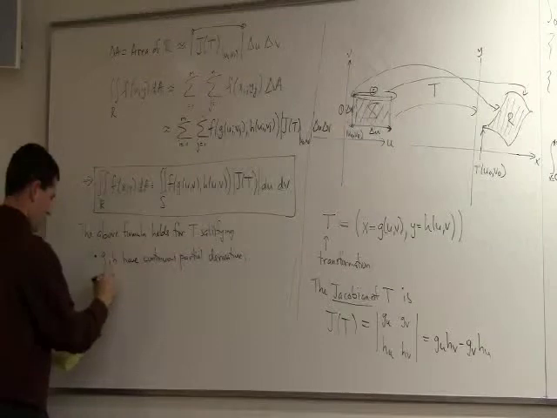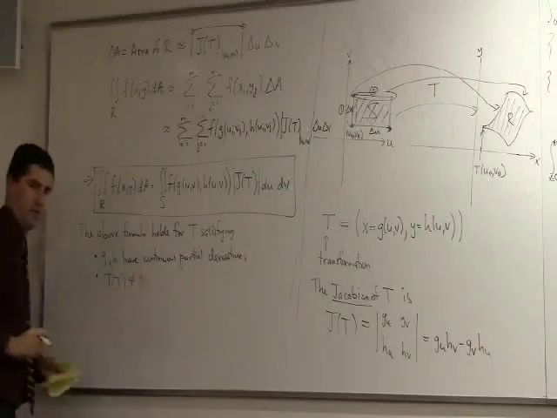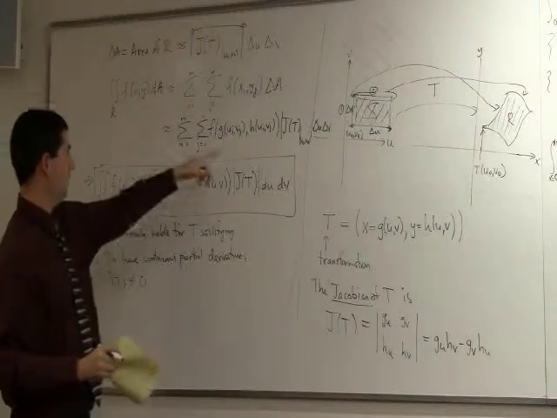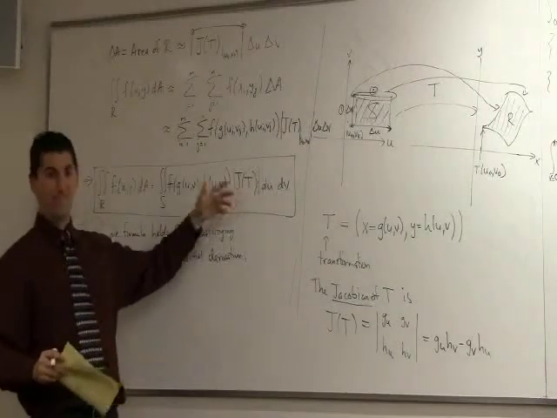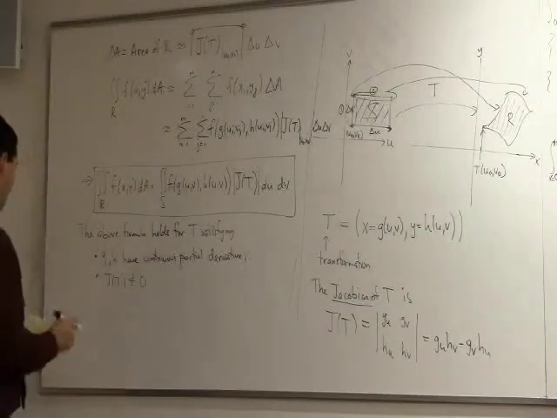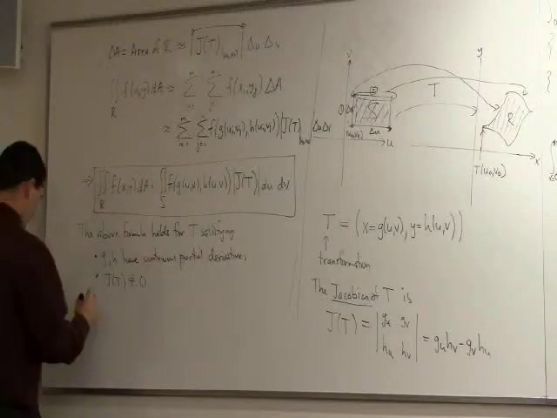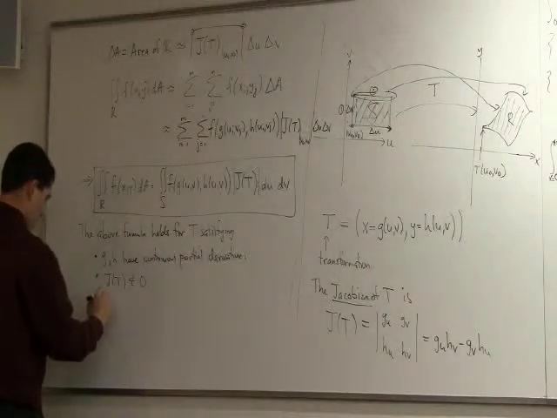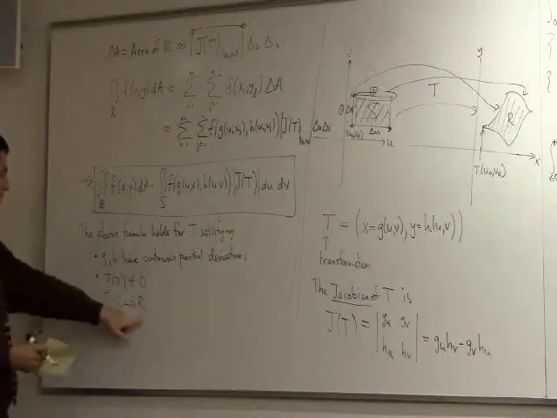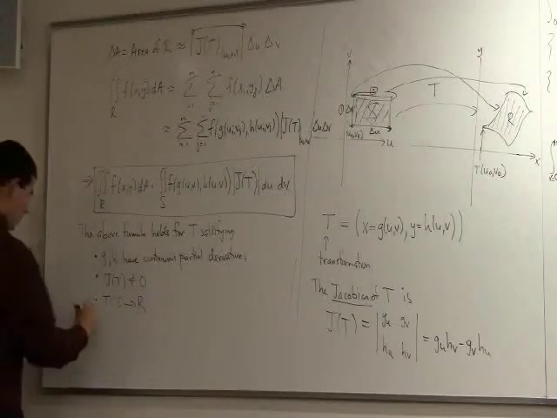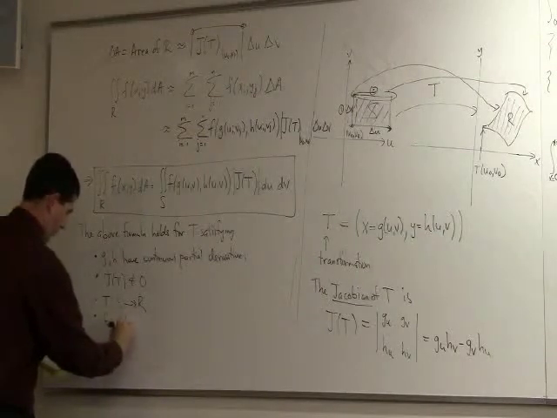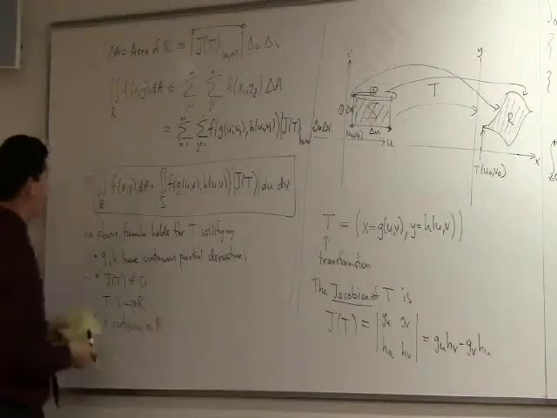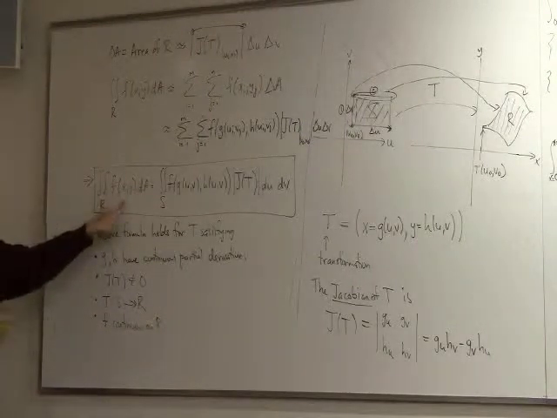Second, the Jacobian should not be the zero function. Imagine if it was zero, what would happen to our integral? This would be quite bad. T, of course, should go from some region S onto your R. F needs to be continuous on R. It's not that it needs to be, but it'll be helpful because it'll mean that this double integral exists.